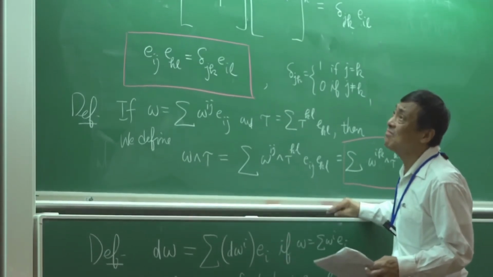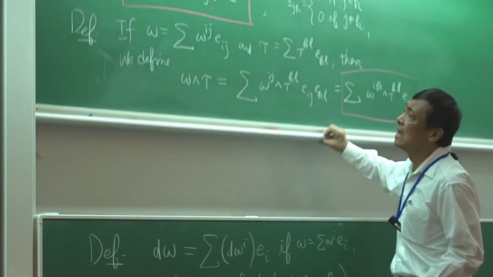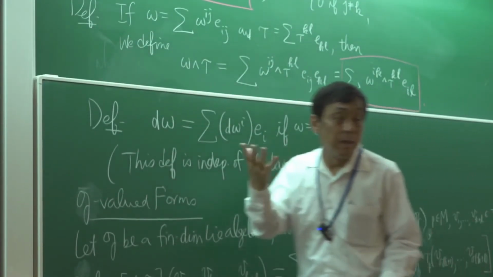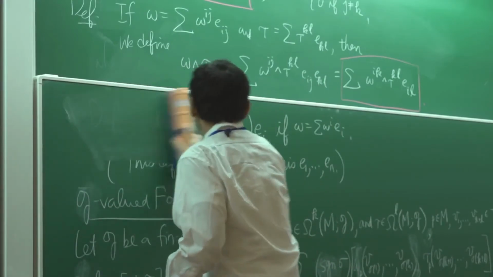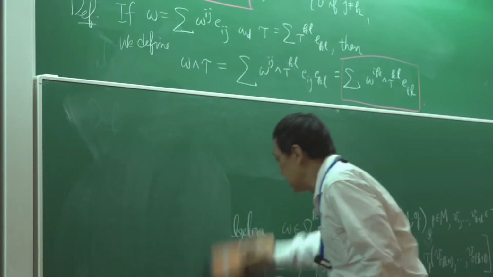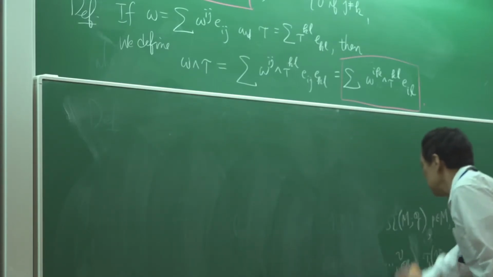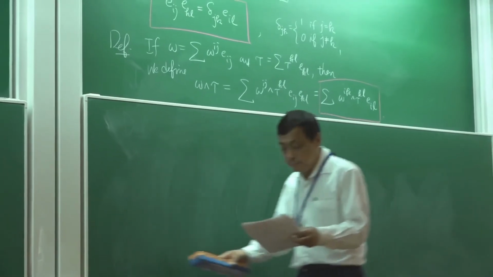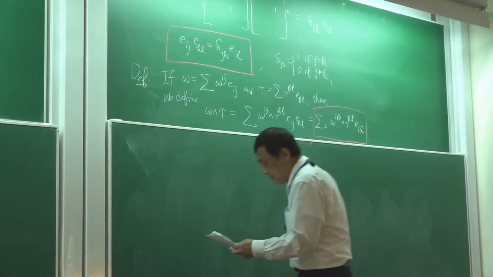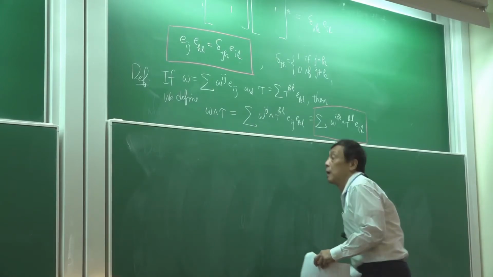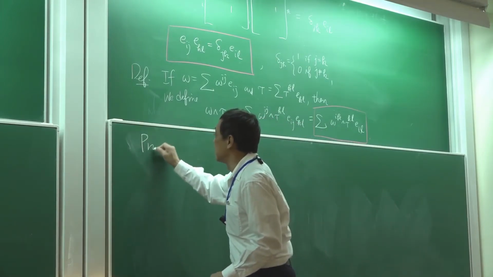Now we have two kinds of products, and there's a relation between them. So here's the proposition.